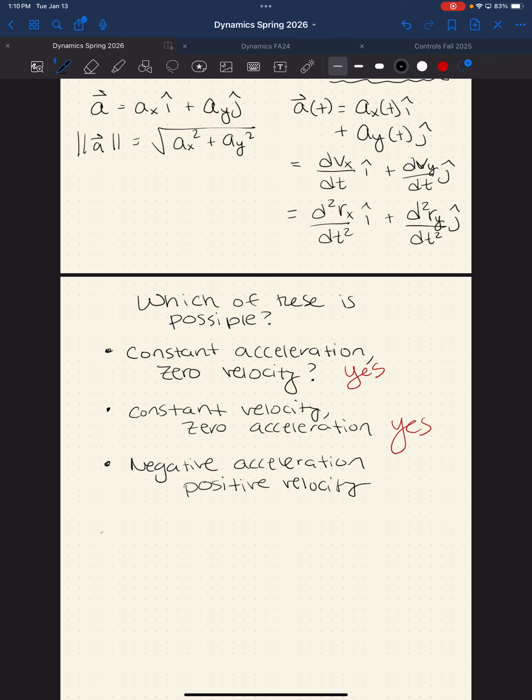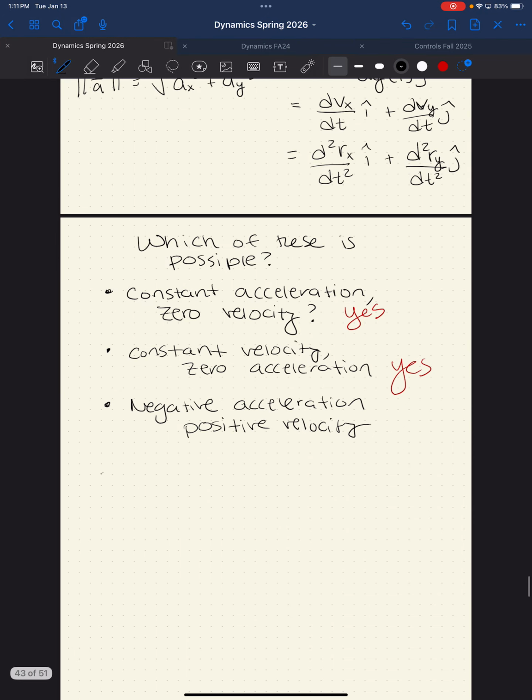Something was going really fast and is now slowing down, but still going fairly fast. Beautiful. I'm going to the right really fast, and I slow down. I'm still moving to the right. I still have positive velocity, but my acceleration is negative. My velocity decreased, but is still going in the positive direction. So yes, that is true.